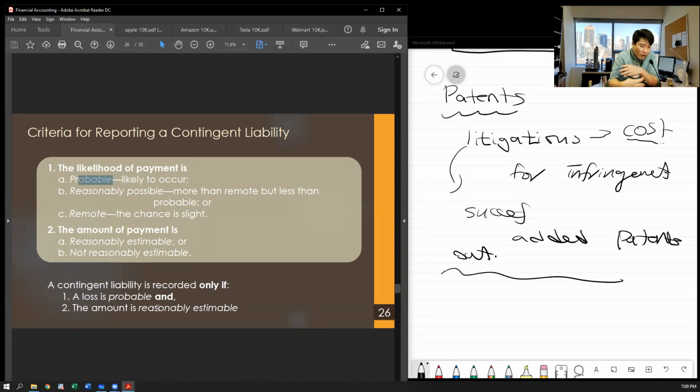Again, it's all judgments, assumptions, and determinations by the lawyers and accountants working for the company. There is no rule of thumb that determines whether or not to report a case. But this is the brief overview of how the company treats contingencies. Okay.